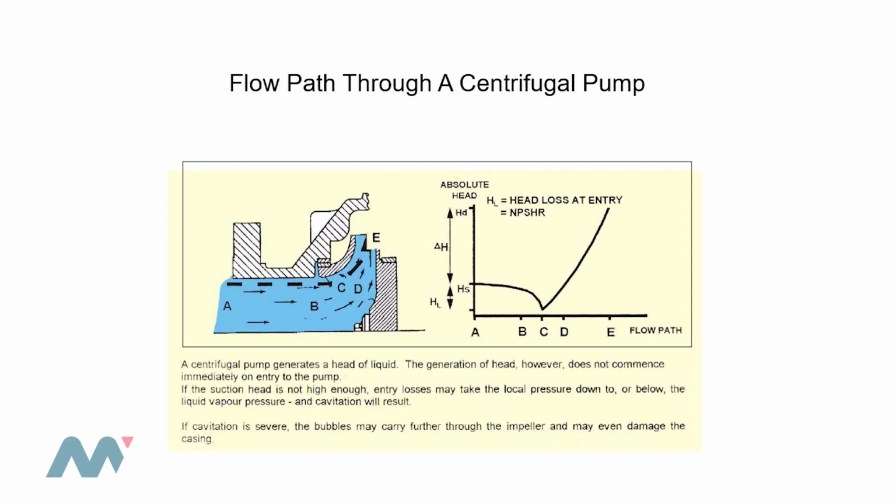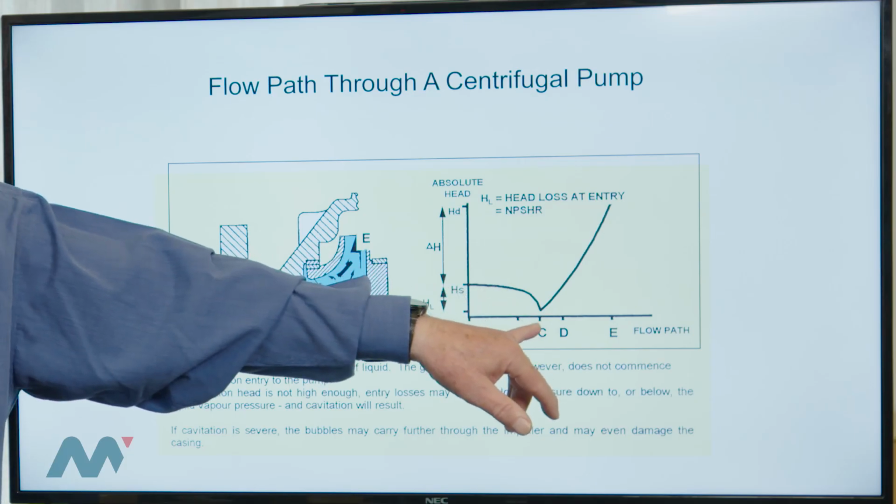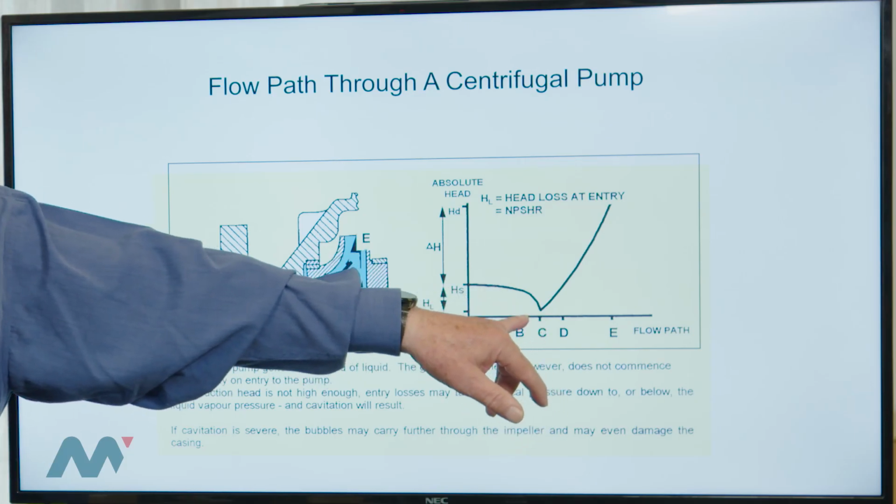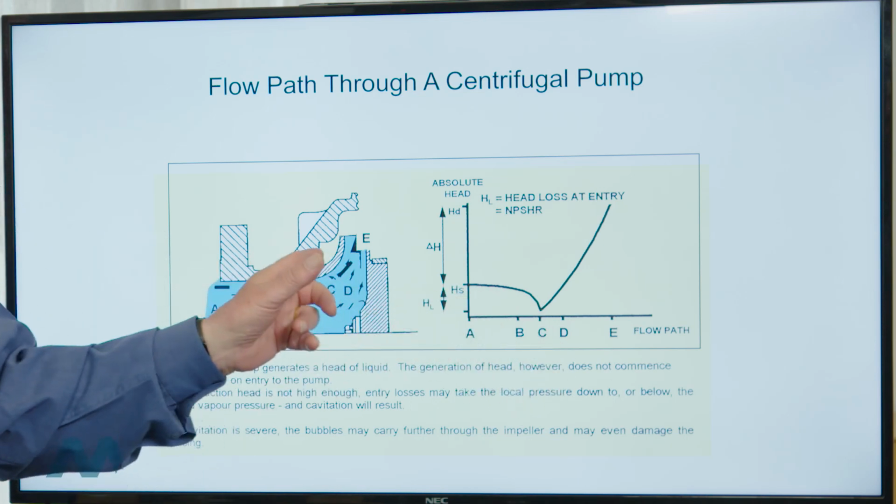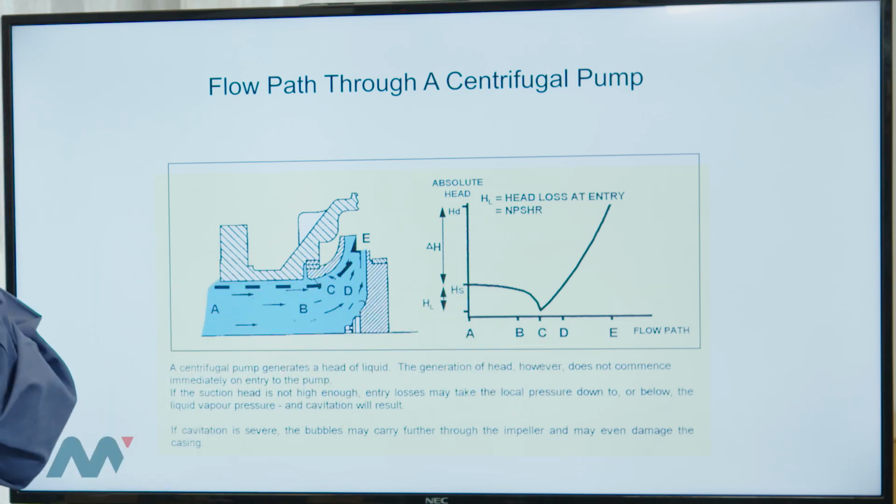And at that shock loading, we're trying to change the direction of the fluid. So we're basically hitting it with a guillotine, chopping it up and pushing it in a different direction. Okay? That shock loading causes a pressure drop. So our lowest pressure is at point C, which is the leading edge of the vane. And if you remember in an earlier slide, the first appearance of damage was that leading edge.